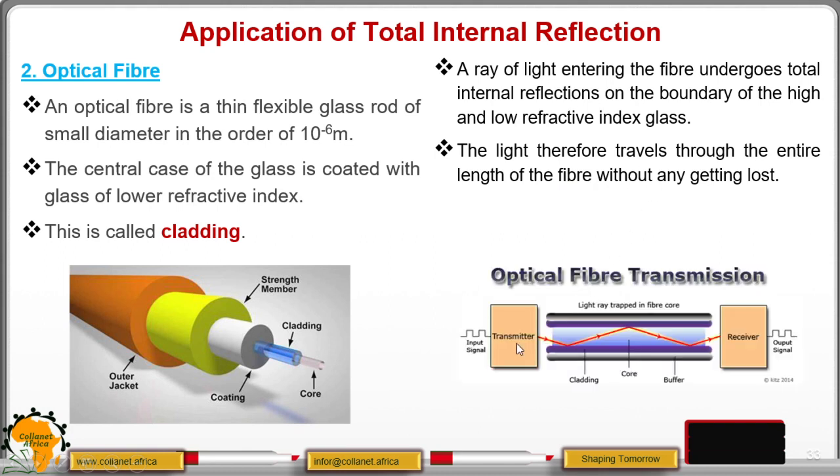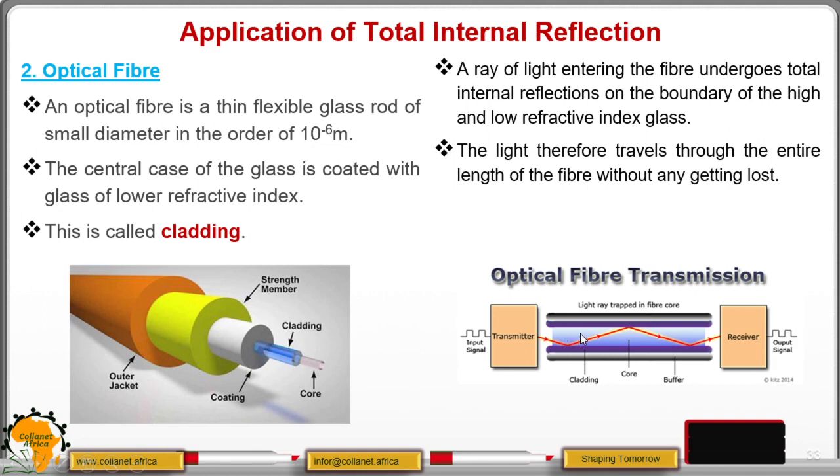We have this as our diagram here. We have the transmitter that is giving us the signal. We have the cladding. I hope you're going to get it clearly here. We have the cladding on this side and this side. And cladding ensures that we have a low refractive index here and here.